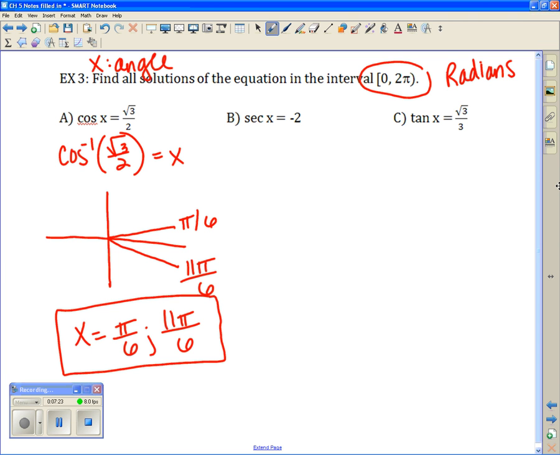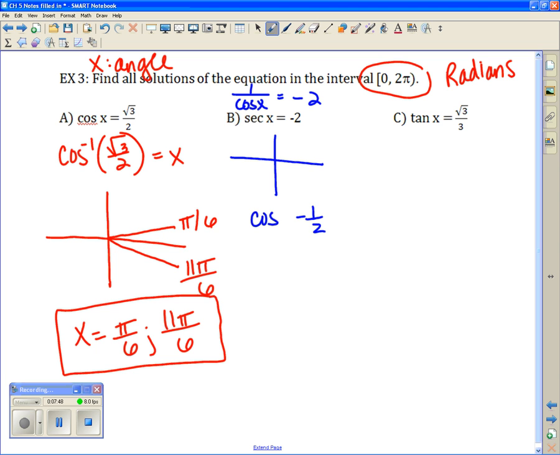When the secant of x equals negative 2, I am thinking about a cosine value because secant is directly associated with cosine. So 1 over the cosine of x is equal to negative 2. And I know that in order for that to happen, my cosine value needs to be negative 1/2 in order to get the reciprocal negative 2.